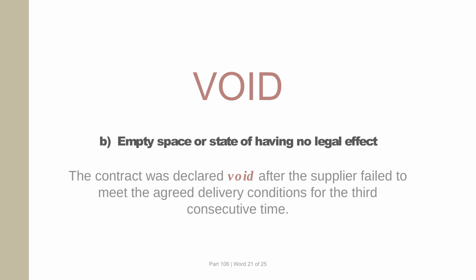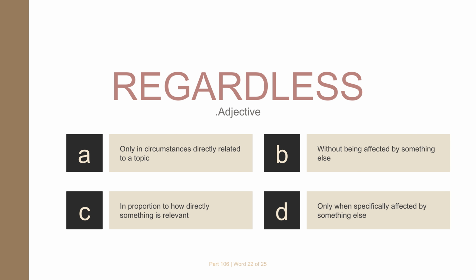time. Question 22. What is the meaning of regardless? Option A, only in circumstances directly related to a topic. Option B, without being affected by something else. Option C, in proportion to how directly something is relevant.